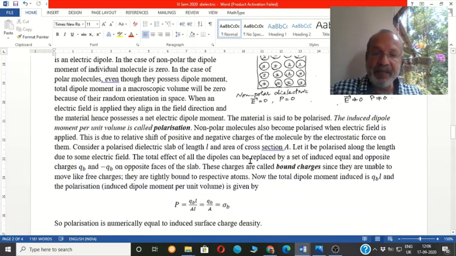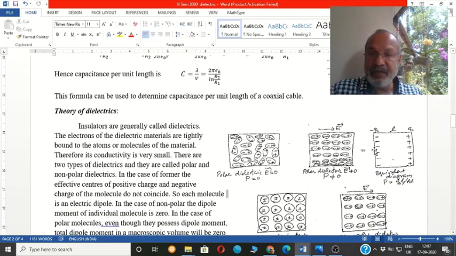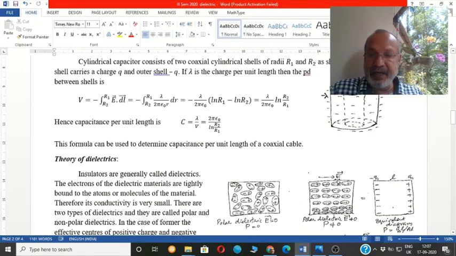That can be very easily proved because, as we have seen, the entire thing can be replaced by this. So here we have a plus charge and minus charge separated by a distance. So this is equivalent to a dipole. So total positive charge here is QB, total negative charge here is minus QB, and they are separated by a distance L. So QB into L will be the electric dipole moment.